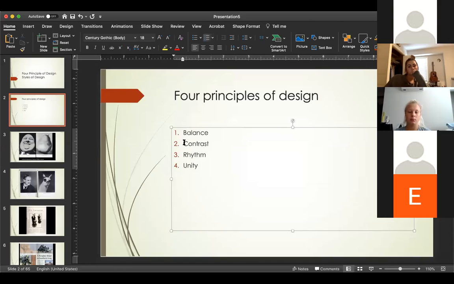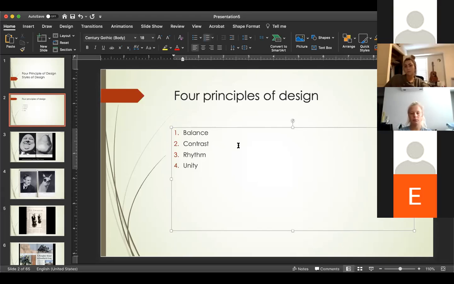Because you're going to have equally sized pictures on the top left and bottom right. So if contrast is a good thing, have you created good contrast? They're the same size. There's no contrast, right? So that's probably not good in terms of contrast.